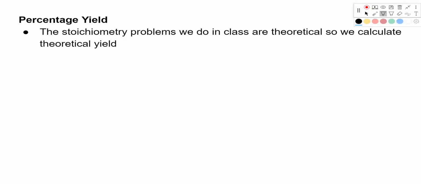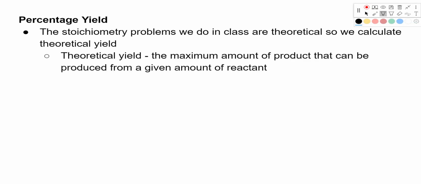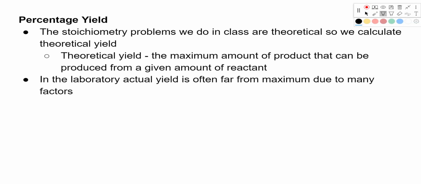Now let's talk percent yield. The stoichiometry problems we do in class are theoretical. So what we're calculating is a theoretical yield, which means if everything goes the way it's supposed to go, this is how much we will end up with. It's the maximum amount of product that you can produce given your starting reactants.